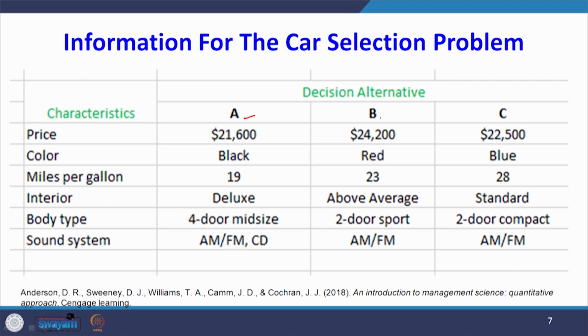Car A, car B and car C. You see that with respect to price, for car B the price is the highest one. Okay. So, we can choose a particular car by considering these criteria. Here the weightage for the criteria will differ from person to person.